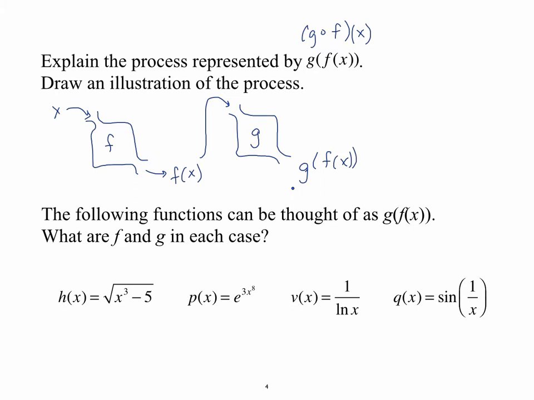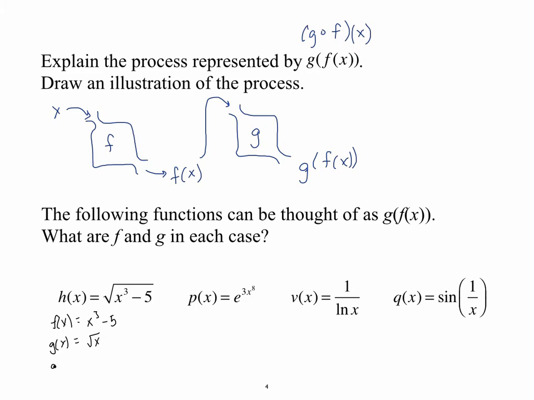All right, so I saw some good work. Let's run through some of the possibilities, because, like I said, there's more than one way to do this for at least two of them. So for h of x, what would you like to say is f of x? x cubed minus 5, and g of x is the square root of x.